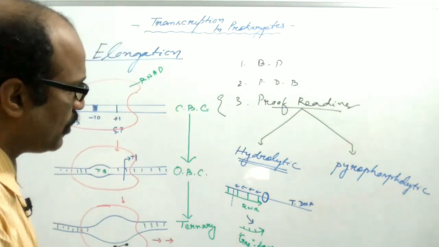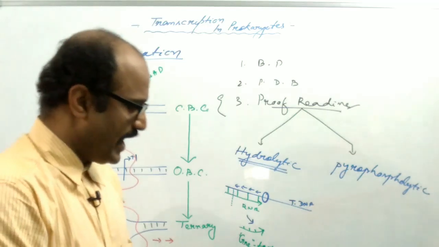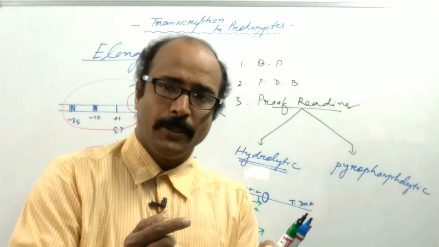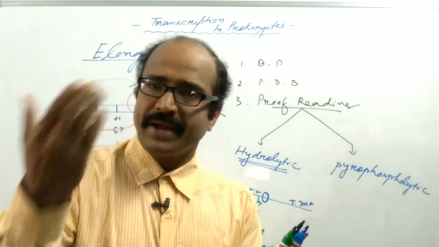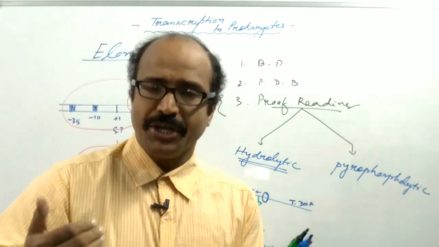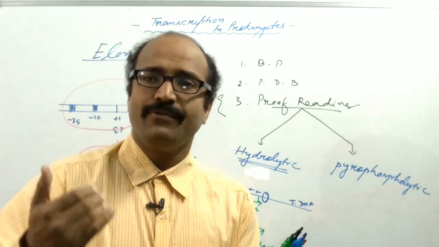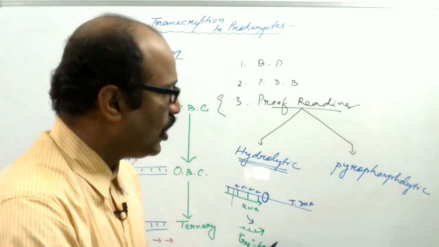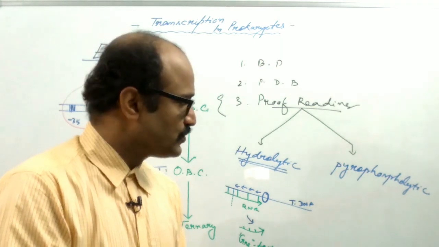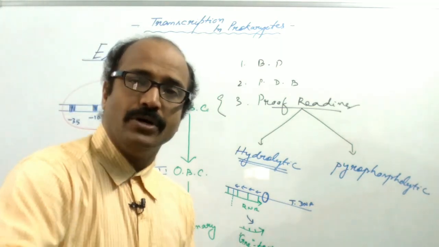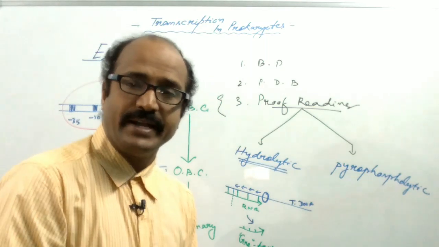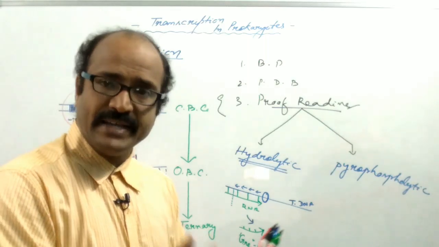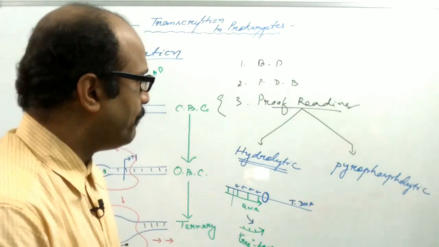So another process may be the pyrophospholytic. As you know, the phosphodiester bond actually forms by the attack of the 3' hydroxyl group on the alpha phosphate of the incoming nucleotide at the 5' region, with the removal of pyrophosphate. So if you add the pyrophosphate again, then there should be breakage of the phosphodiester bond.